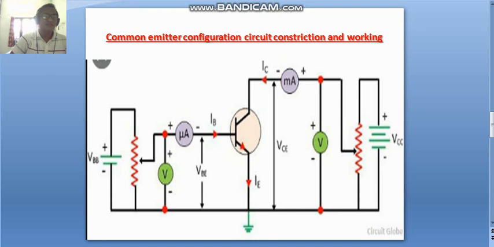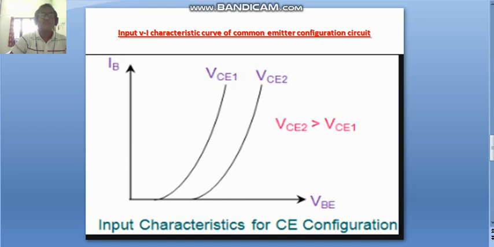Similarly, let us discuss the input VI characteristic curve of common emitter configuration. Here we are taking emitter-base forward bias, so forward bias acts as input. Therefore the input VI characteristic curve is drawn between voltage and current, where the voltage is VBE and the current is IB.